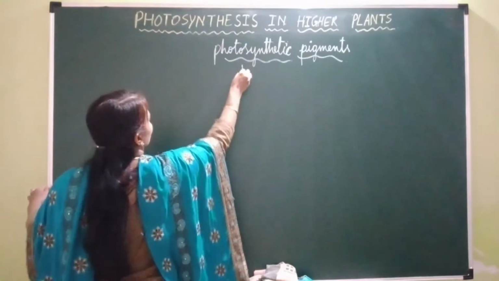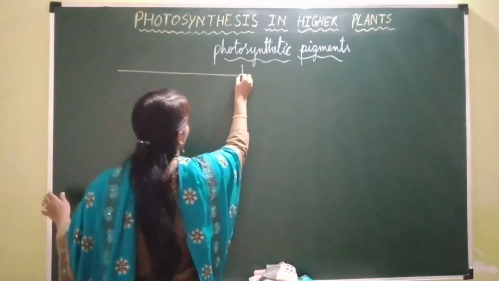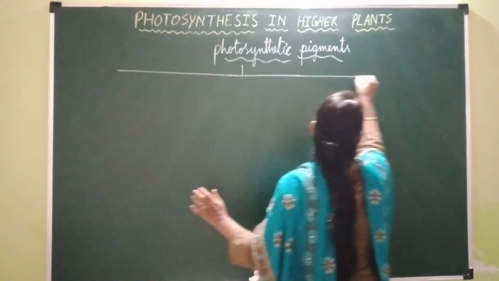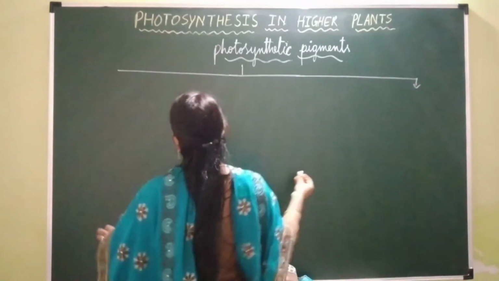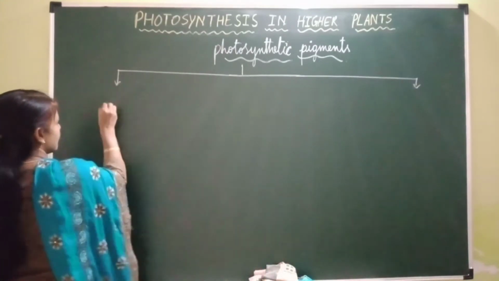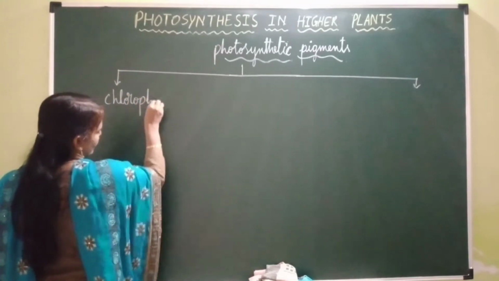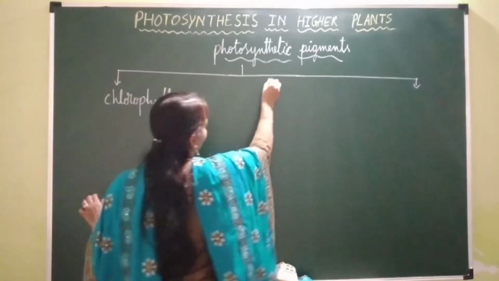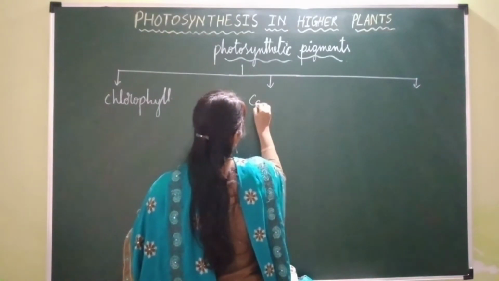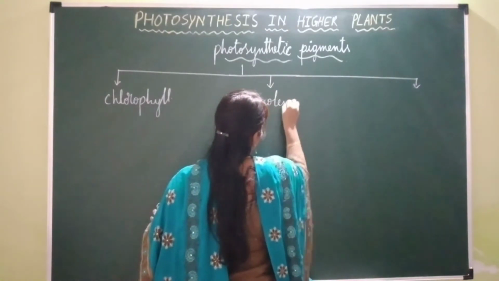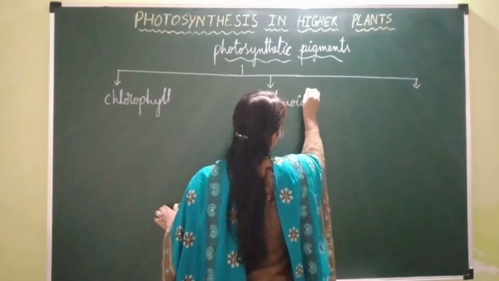They are chlorophyll pigments, carotenoid pigments and phycobilins.